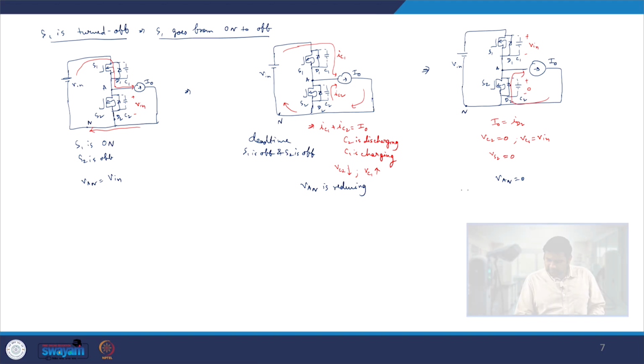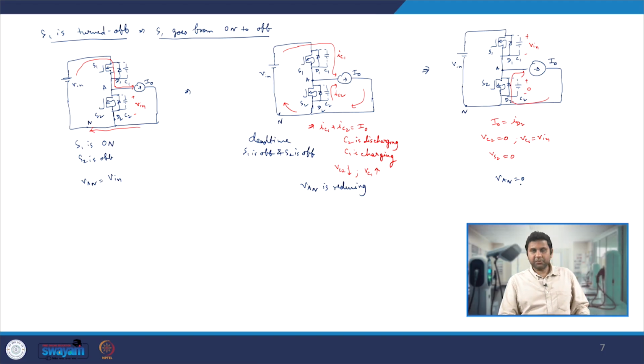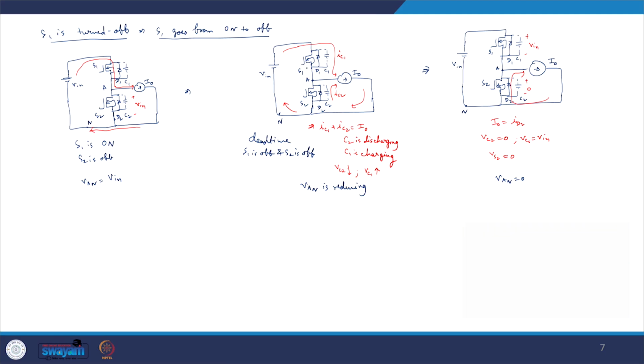So we can say that our VS2 goes from Vin to V0, and if we look very carefully, the rate with which this voltage is falling is not dependent on how fast you are turning off your S1 switch. It only depends upon the capacitances C1 and C2 and this current I naught.